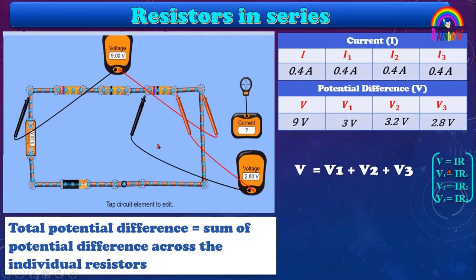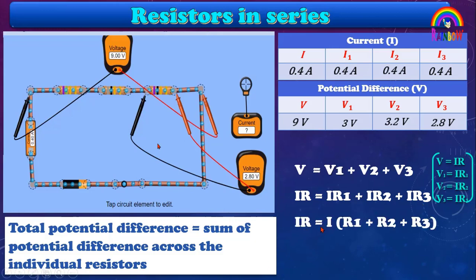By Ohm's law, we have V is equal to IR. So V1 becomes IR1, V2 becomes IR2 and V3 becomes IR3. If we substitute it here, we'll get IR is equal to IR1 plus IR2 plus IR3.